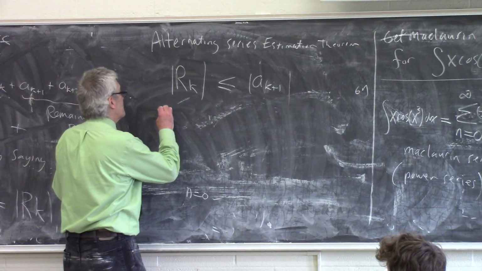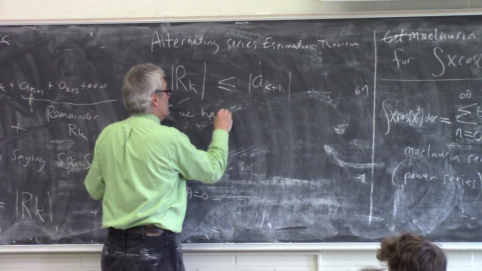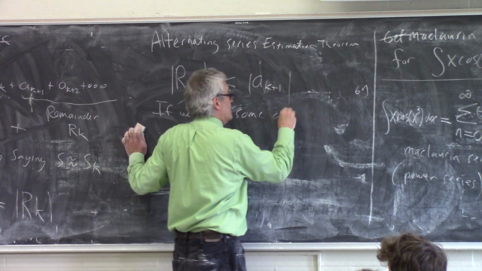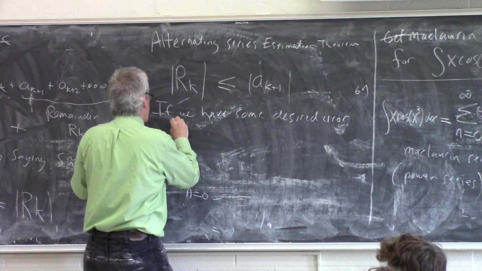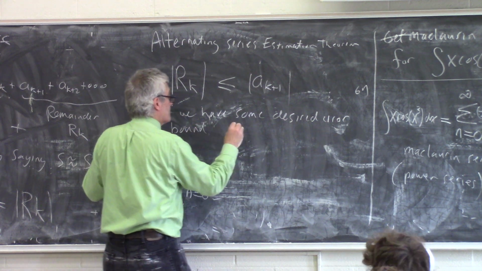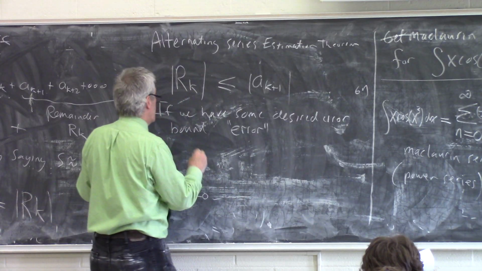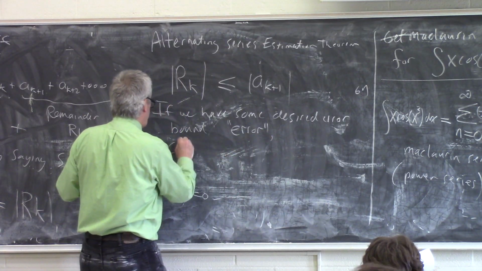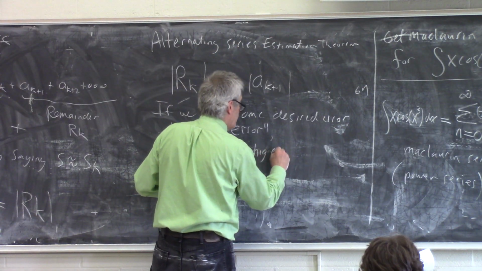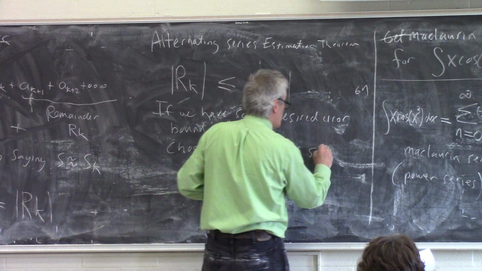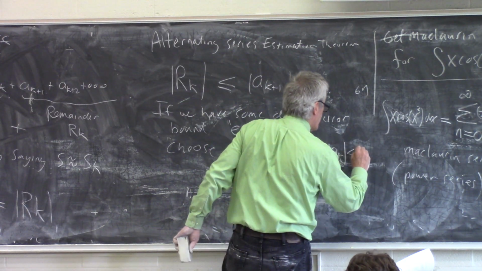So if we have some desired error bound, the strategy is to choose K big enough so that AK is less than that error.